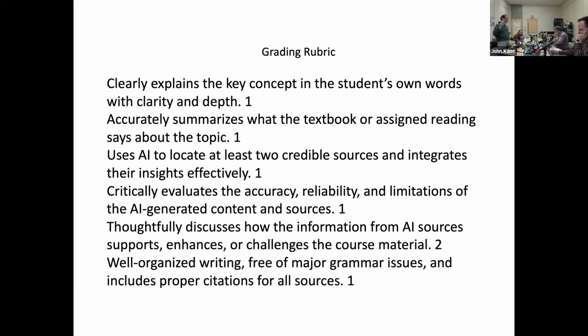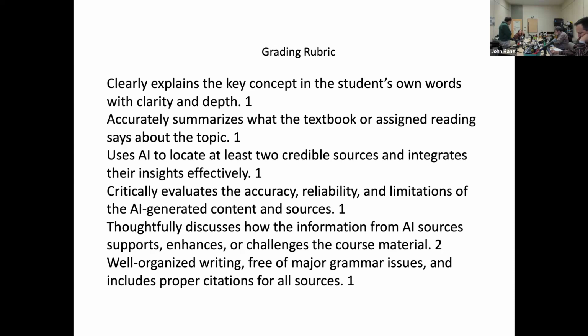Discuss what the textbook or assigned reading says, although some people don't. There were a lot of people who thought they didn't need to read the text, but they had to discuss, and they would get 1 point for discussing what the text says about the topic. Then using AI to find 2 credible sources and integrate those insights effectively.